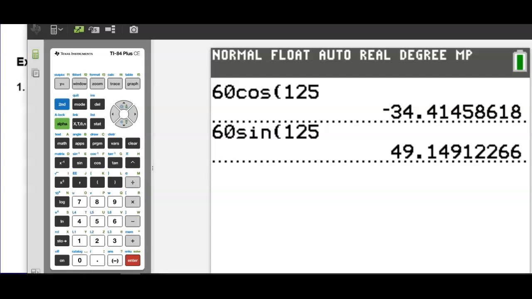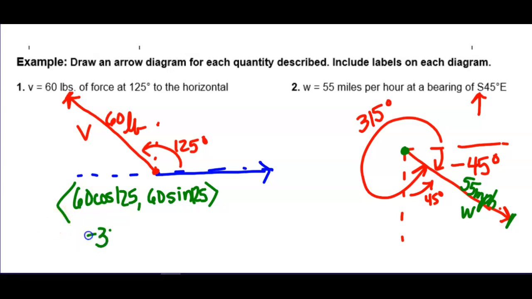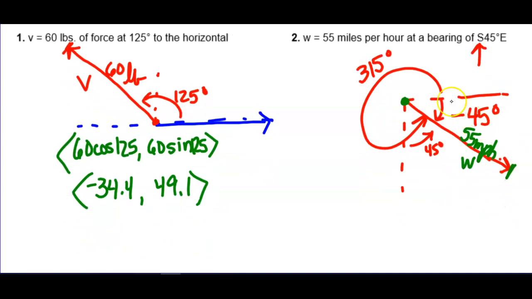Negative 34.4, 49.1. I hope it does, because we went left and up to find the tip of that vector, right? So there's a certain amount of force acting to the left and up when you're at a 125 degree angle.